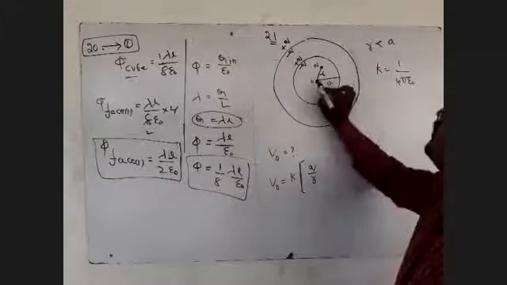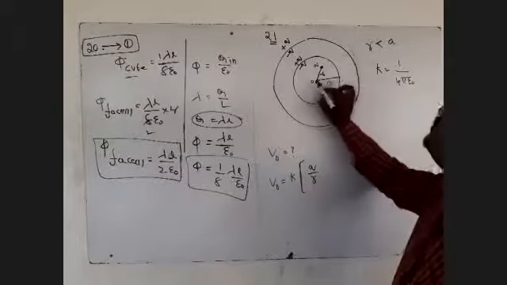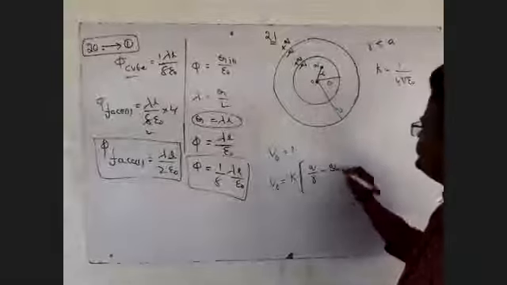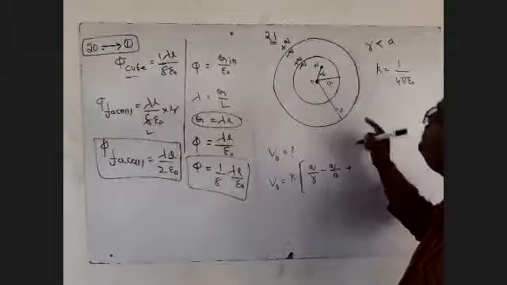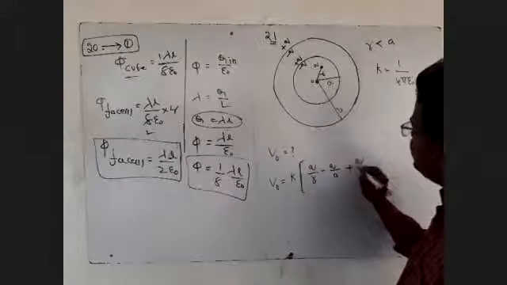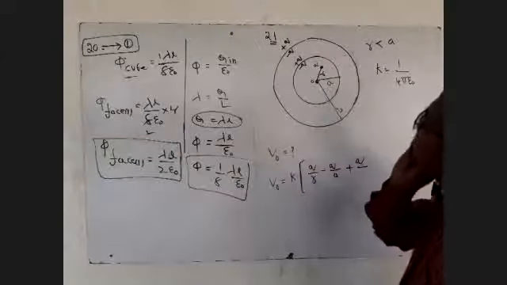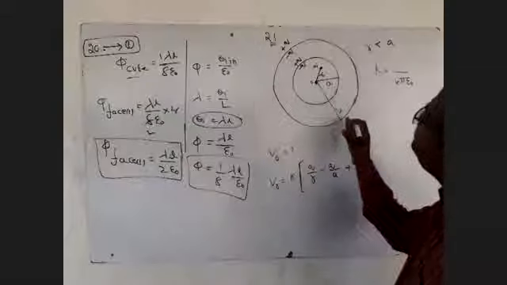Next, from here to here is minus Q, so minus Q by the distance A. Next plus Q by B, since we are finding at the B point.